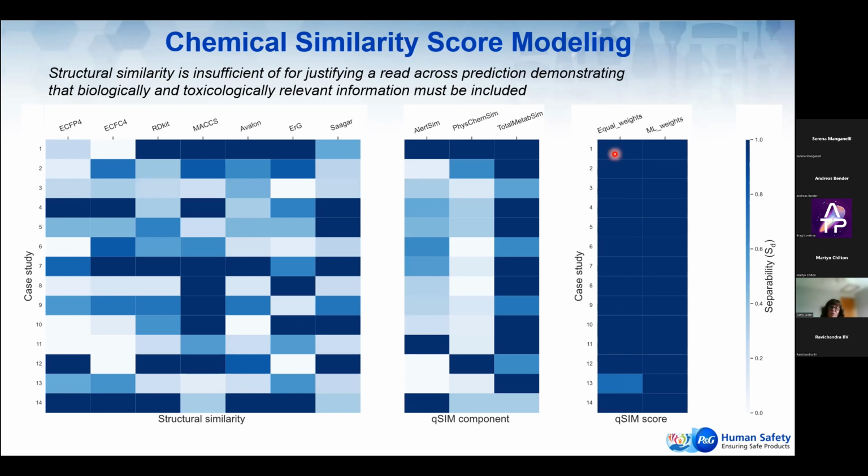And then he did a logistic regression to determine what weights would give us the best separability, and found that with those machine learning weights of these different components, we could separate all 14 case studies using this approach.